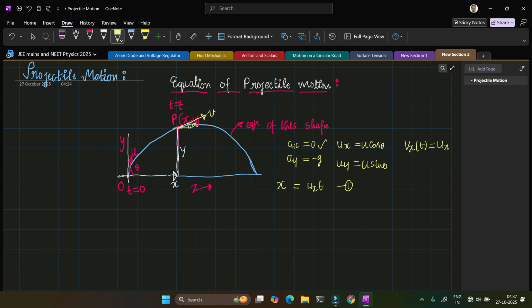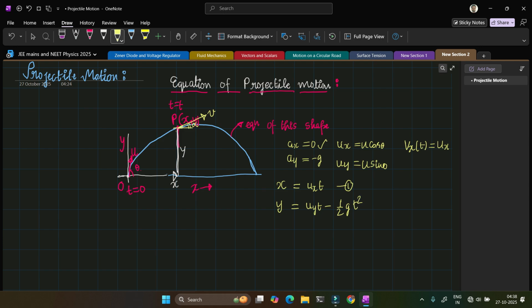So this will be the equation, and after that we can calculate y. The vertical distance traveled y will be uy t minus 1 by 2 g t square, because time t has elapsed.